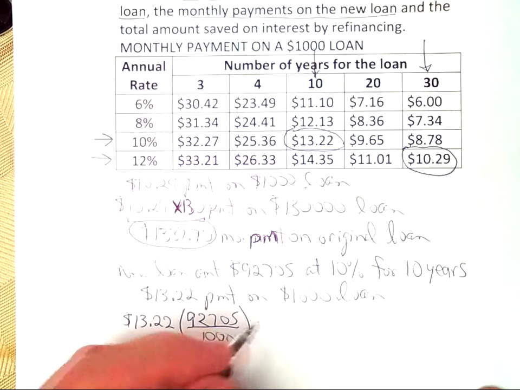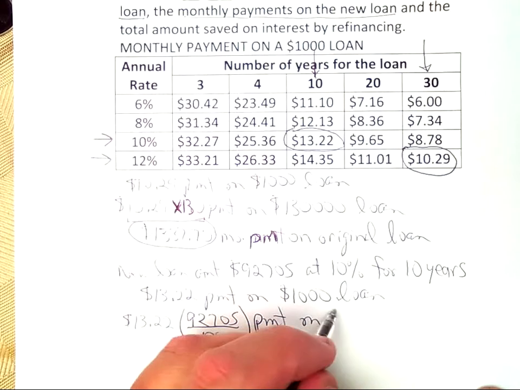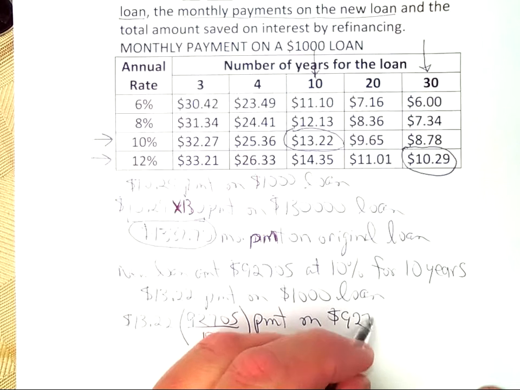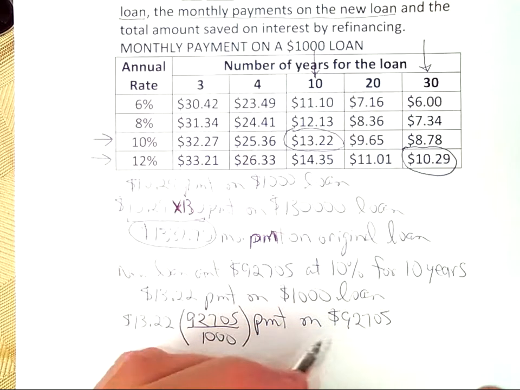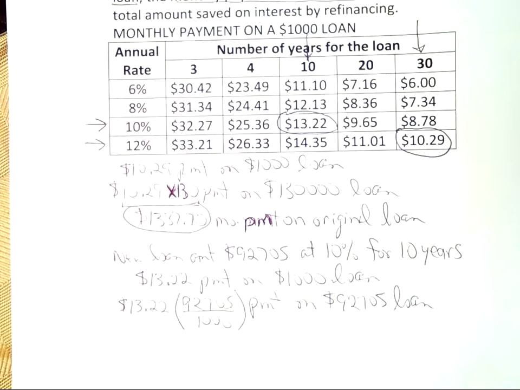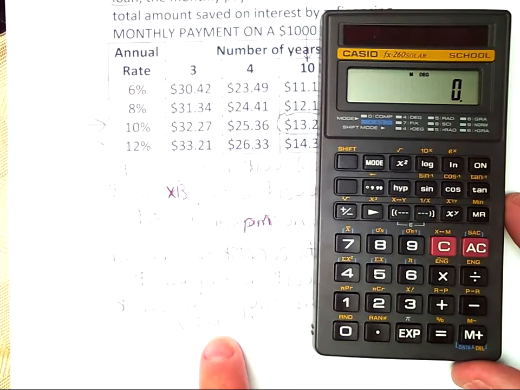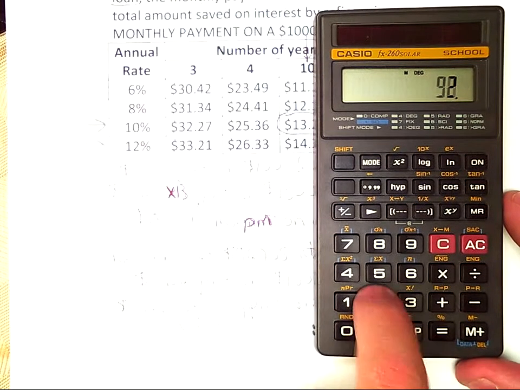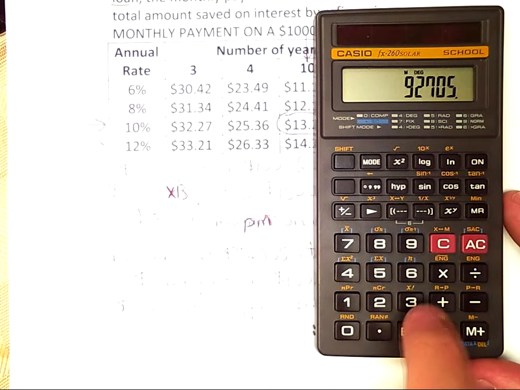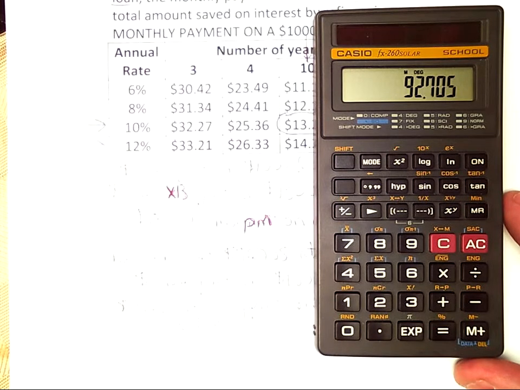So that would be the payment on a $92,705 loan. So we can take the calculator and do that. It's no big deal. I'll start with the fraction first. I take $92,705 and divide it by 1,000. So that's your multiplier, a little over 92. And multiply it by 13.22.